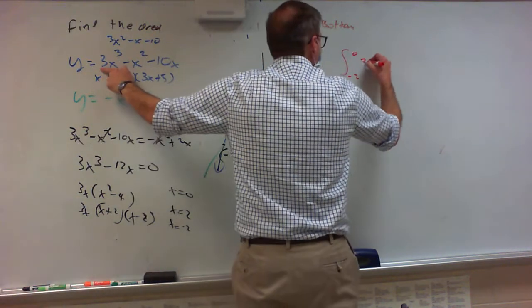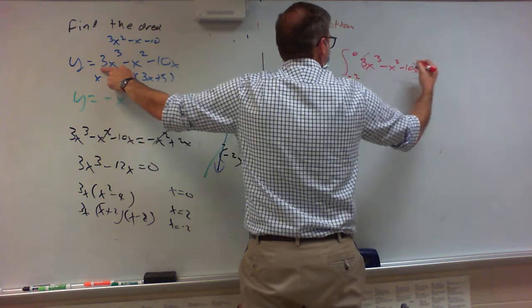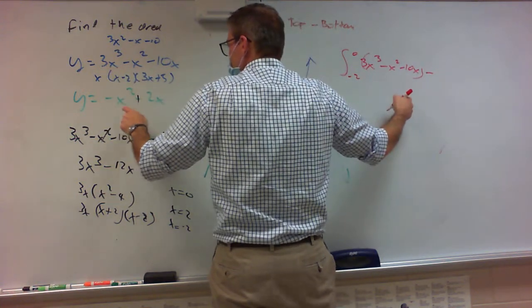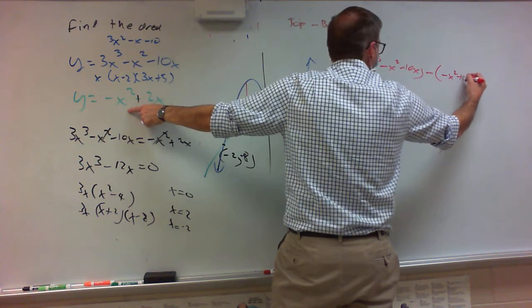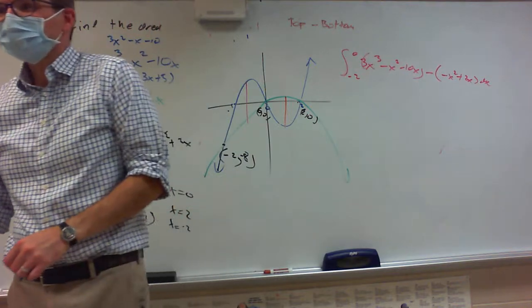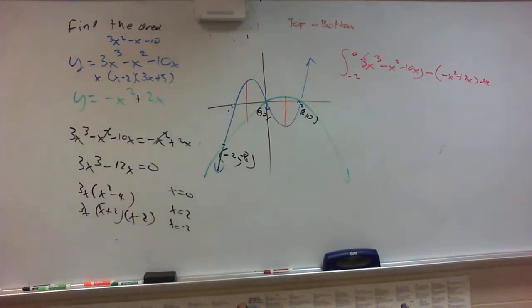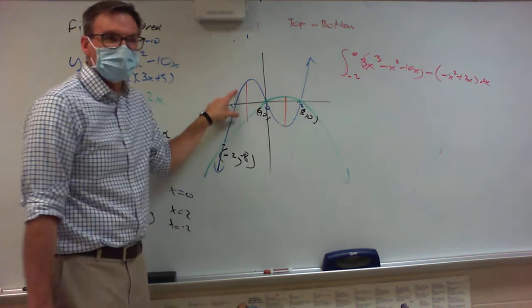Okay. 3x cubed minus x squared minus 10x minus the bottom function, which is negative x squared plus 2x. And there's a dx. Does that make sense? Does everybody see this as that red rectangle?